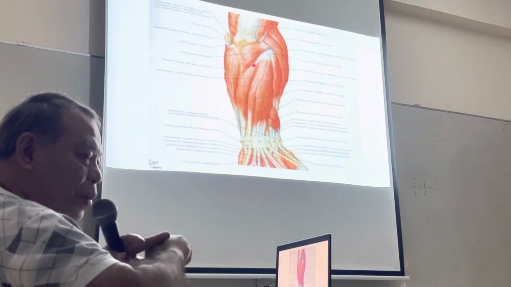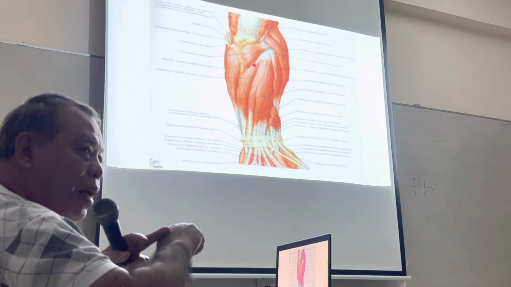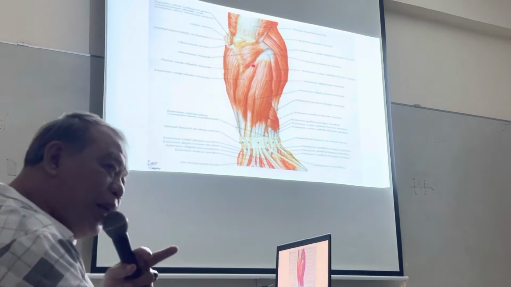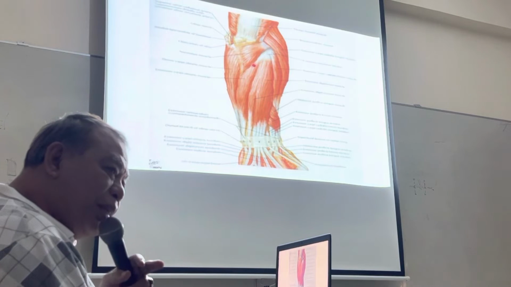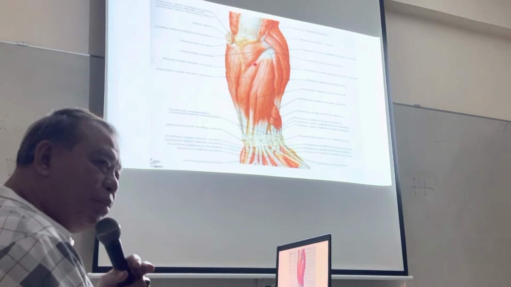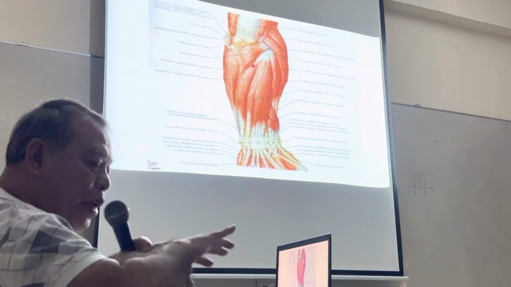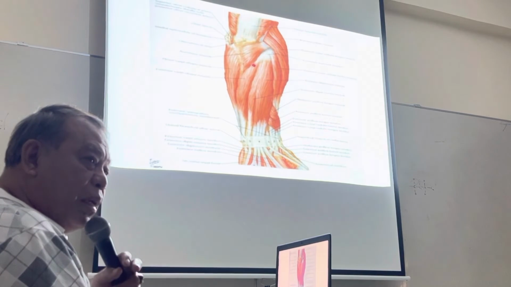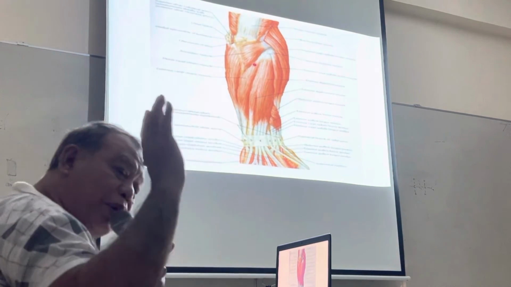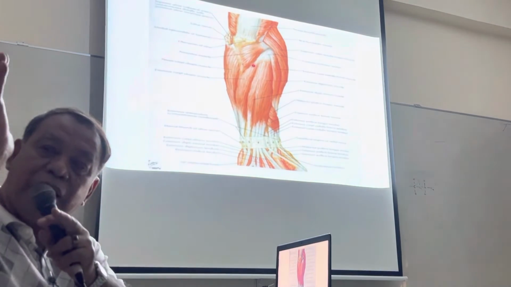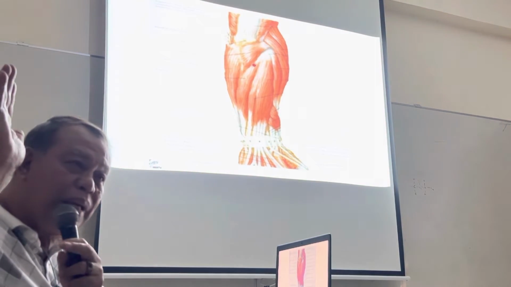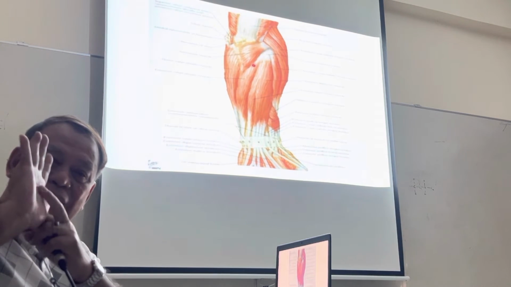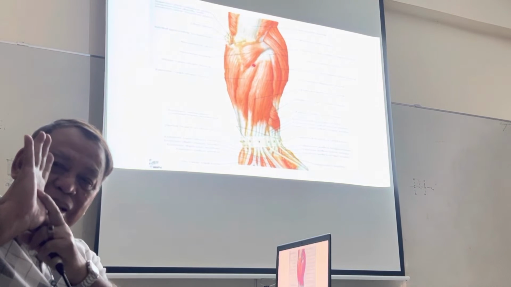So if the bones here are metacarpals, where are the carpals? If you look anteriorly, that is where the carpals are, not here, because this is metacarpal.